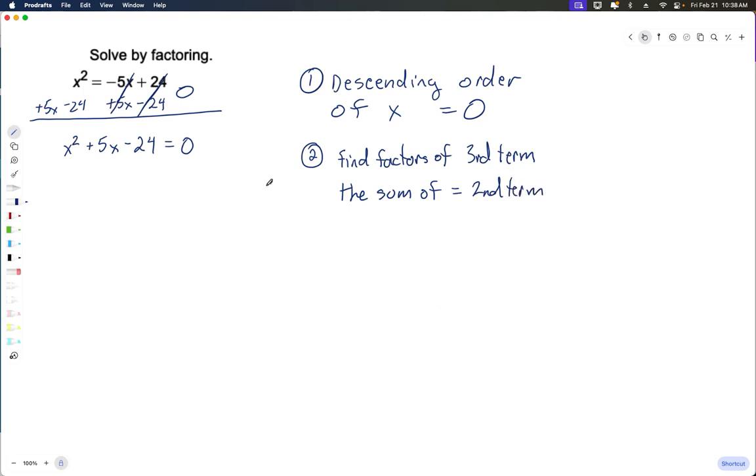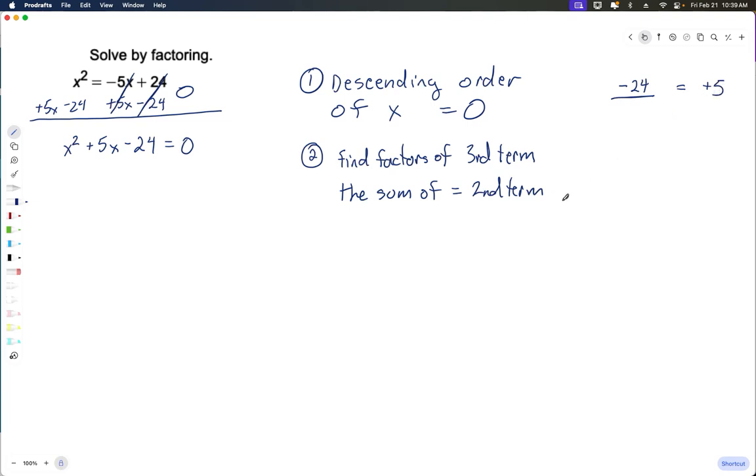Okay, find factors of the third term that the sum of them equals the second term. So what that means is the factors of -24, and I wrote 4 for some crazy reason. So the factors, you have to take the whole thing. The operation in front is the sign of the number. So we want the factors of -24 that would equal +5.